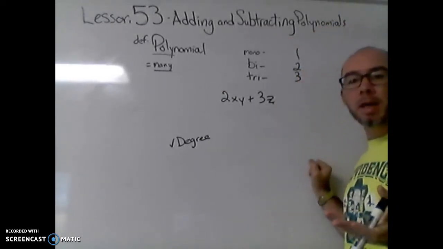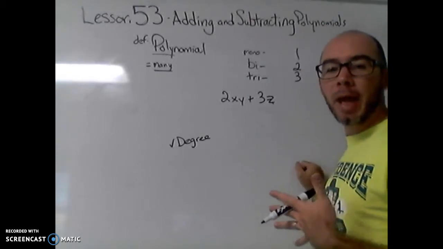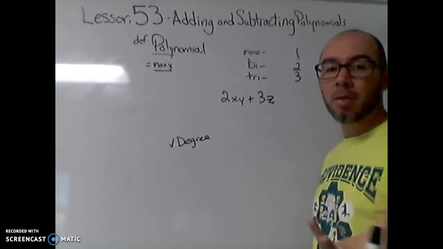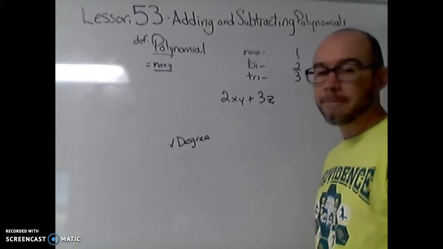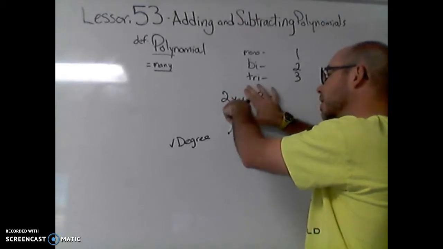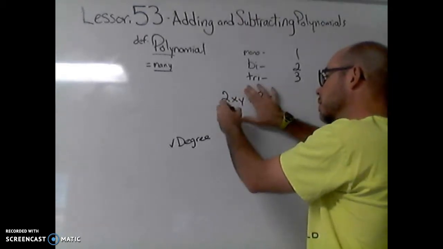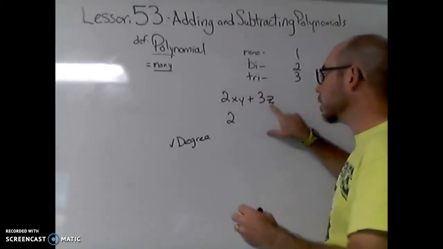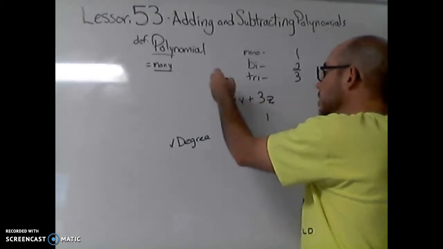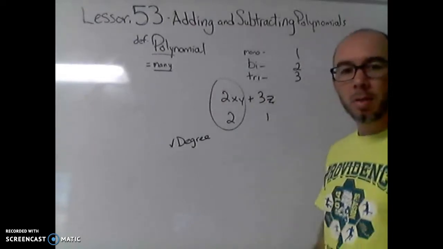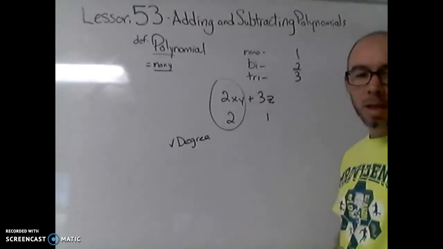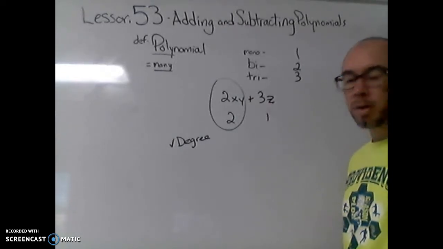Well, you just find the one that has the highest degree, and that is the degree of the entire polynomial. So we start doing the math here. We look at this monomial and we go, that's x to the 1 and y to the 1. This is a second degree. And we look at this, and this is just z to the 1, so that's a first degree. But this is the one that determines what we're going to call it. So 2xy plus 3z is a second degree polynomial.